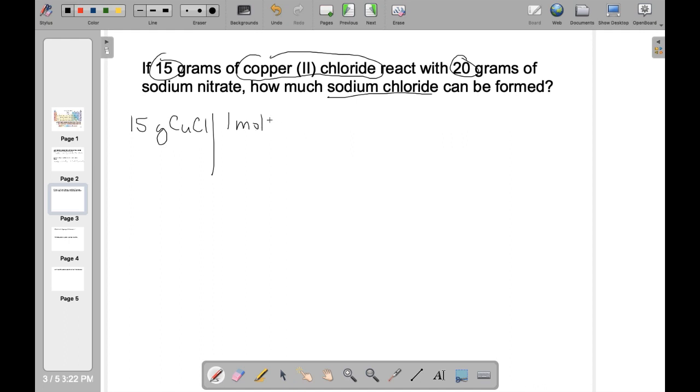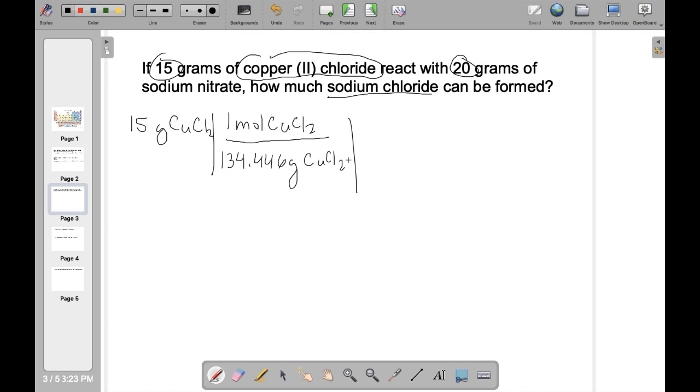This is 1 mole of copper 2 chloride, sorry, I didn't put my little 2 there. And then I will have to look up the molar mass of copper 2 chloride, which is 134.446 grams of copper 2 chloride.